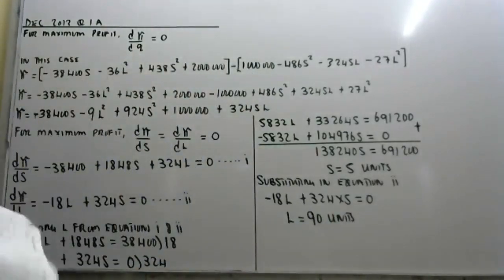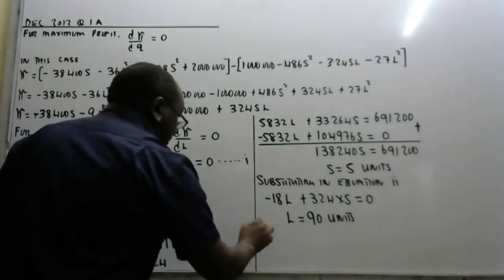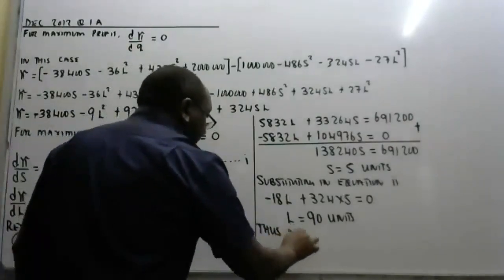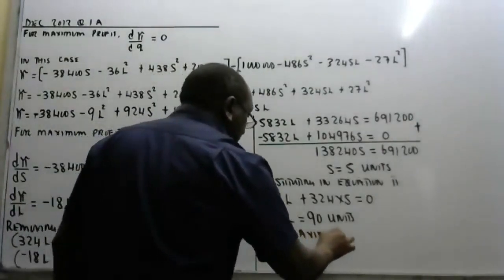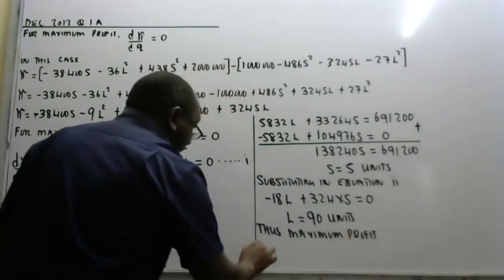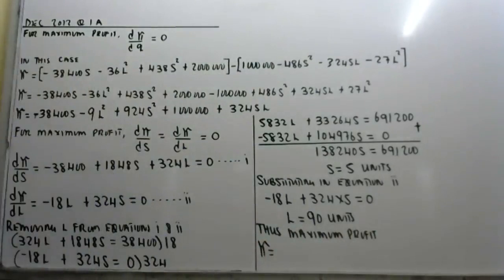So the question had asked us to get the maximum profit. Thus, maximum profit will be equal to, we are going to substitute those values in the profit function, the one that we have derived.